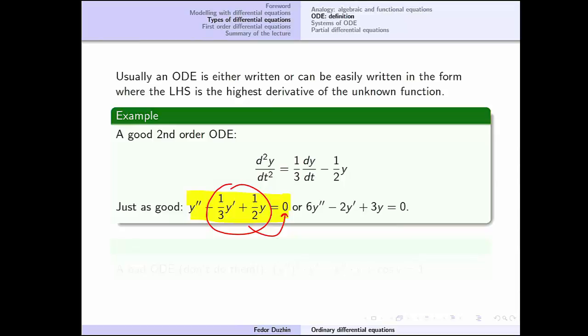Then the left-hand side will be just, let me write it, y double prime equals 1/3 y prime plus 1/2 y. Minus, sorry, that's minus.